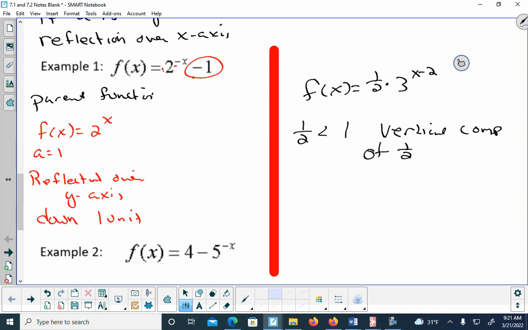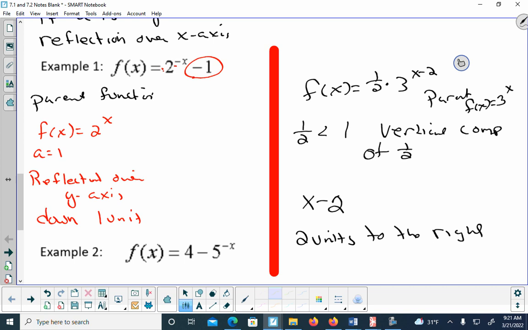And then the parent function is f of x is equal to 3 raised to x. And then I have that x minus 2, which means I'm going to move 2 units to the right. And that's it.